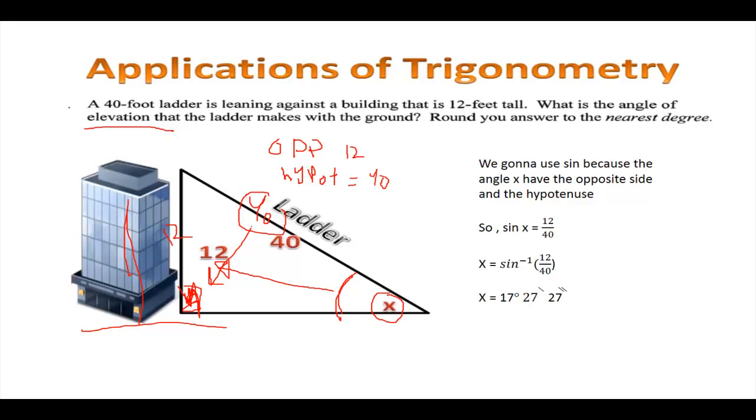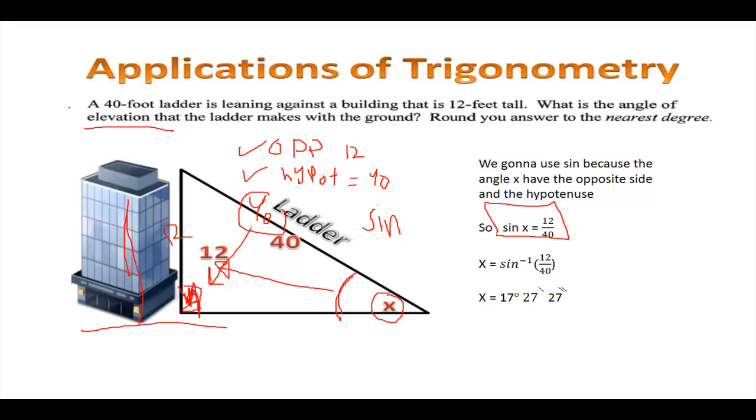So if you have the opposite and the hypotenuse, you're going to use sine, cosine, or tan. Of course sine. Why? Because sine is opposite over hypotenuse. So sine x will equal 12 over 40.